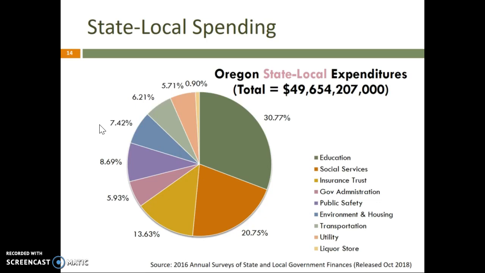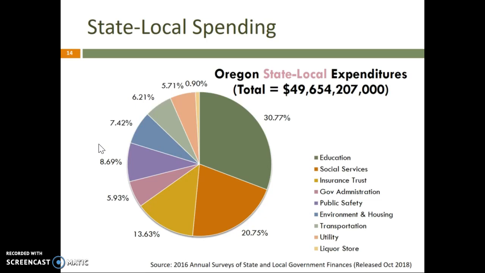In the environment and housing category, that's this blue pie piece here, 7.42%. It's kind of interesting that the environment and housing are combined as one larger expenditure category for state and local spending. So it includes not only your natural resource preservation, conservation, restoration.